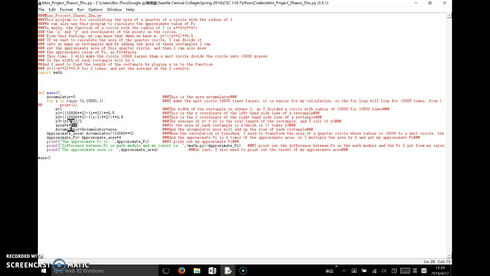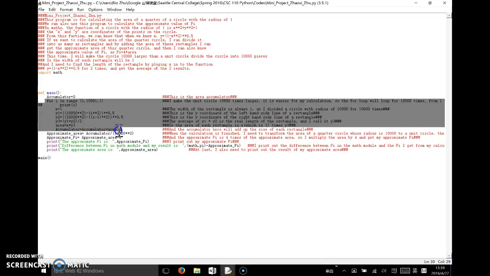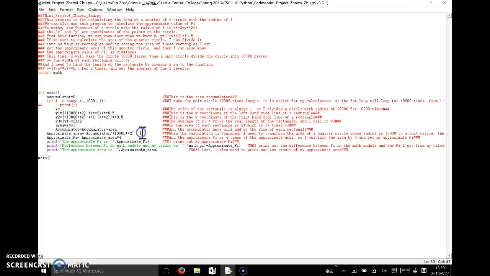And then each time I get the area of a rectangle, I will add it to the accumulator. So when the for loop ends, that means I've calculated all the rectangles in that quarter circle.